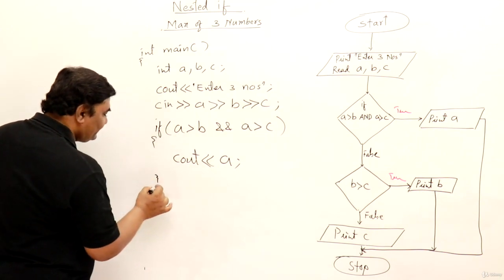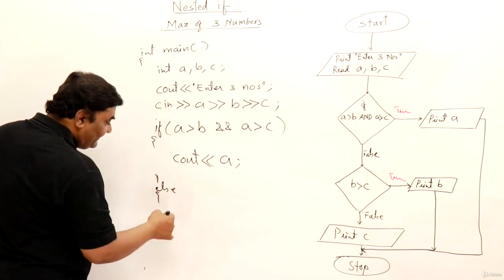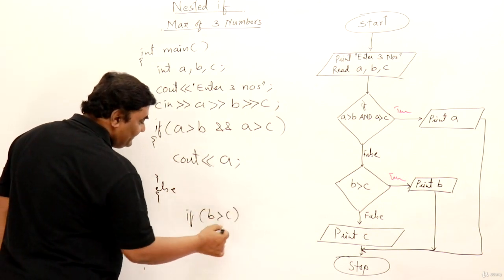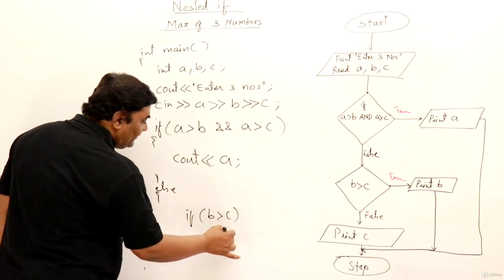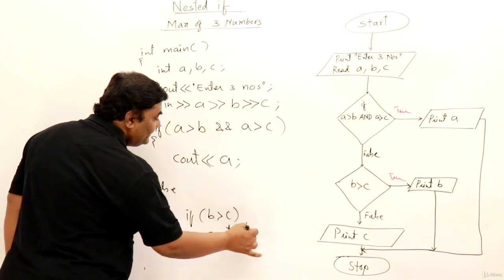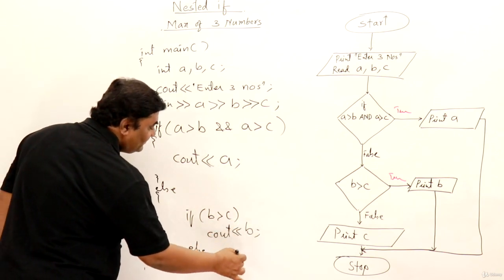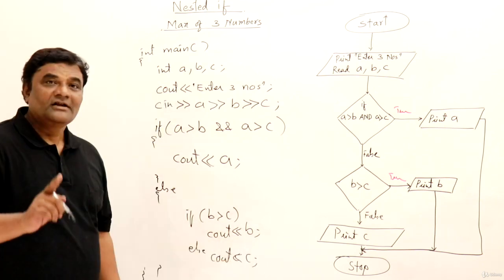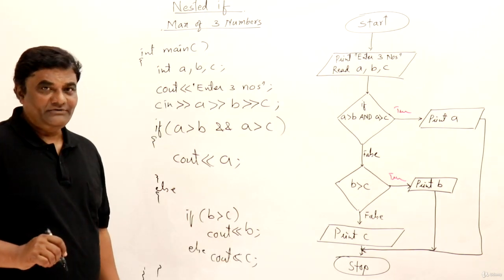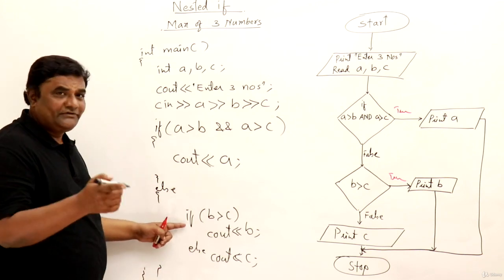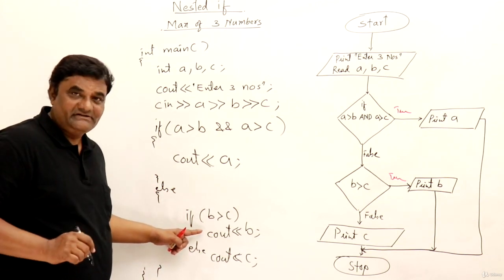Next, else. Inside else, again check if B is greater than C. If so, cout B, else, cout C. Now one more thing I have to explain here. See, inside this else we have if and else. So there are no curly brackets because these are single statements.